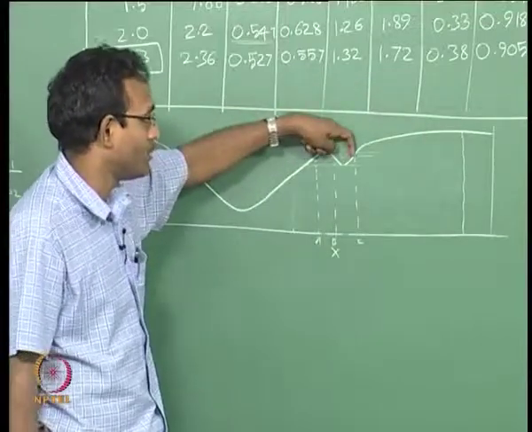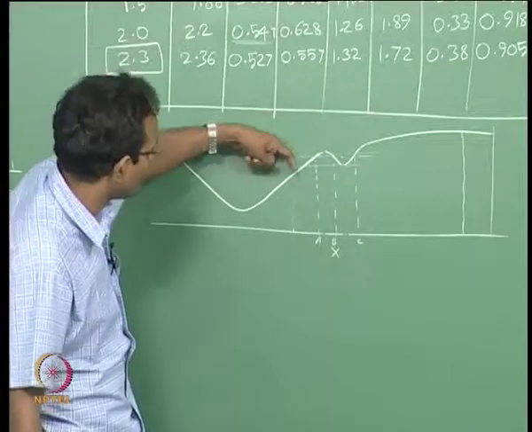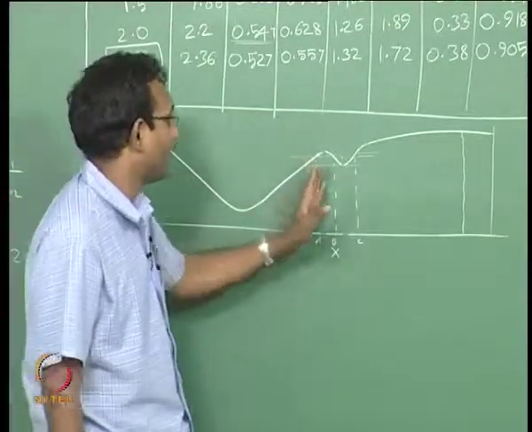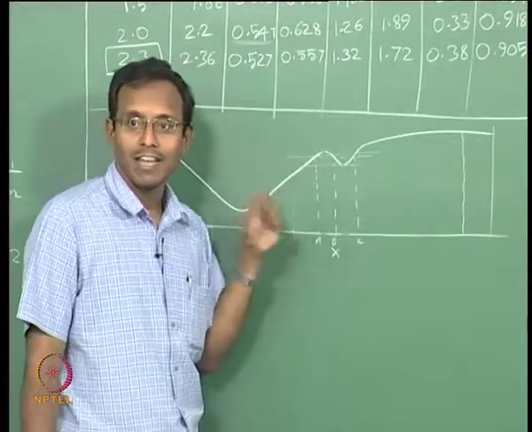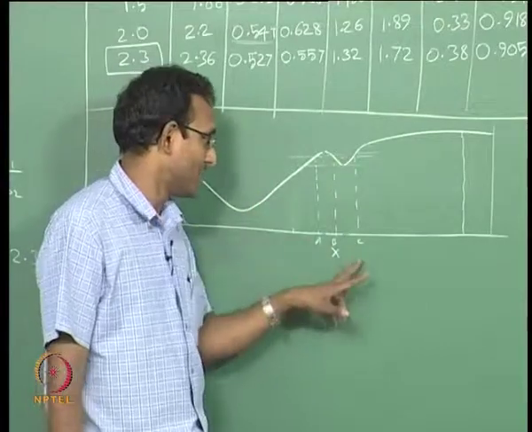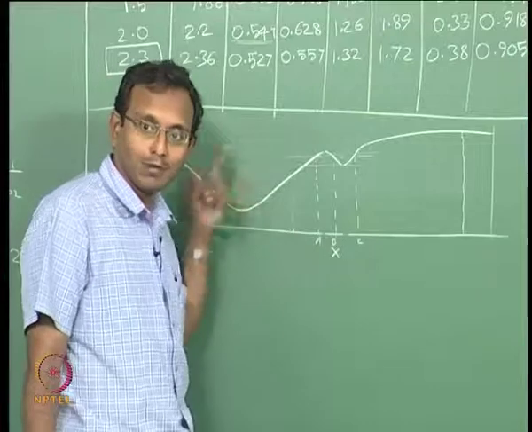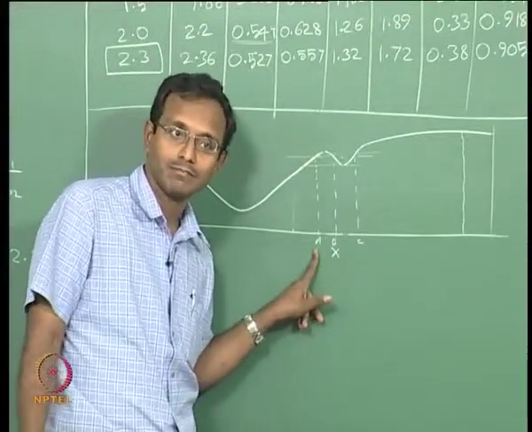If I decrease my P naught, then it will jump to this solution somewhere here, it will not reach A. If my shock is anywhere in the second divergent portion and I reach that particular P naught, it is going to reach C. If it is in the first divergent portion and I reach that particular P naught for that area, then it will sit in A.